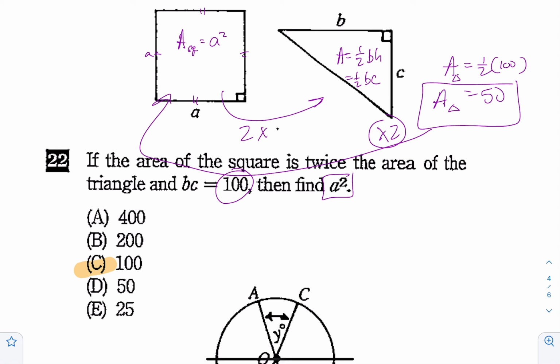And the area of the square will be 100. So that's choice C, because you want A squared, and A squared is going to be 100. Because that's twice the area of the triangle. And area of a triangle is equal to 50.